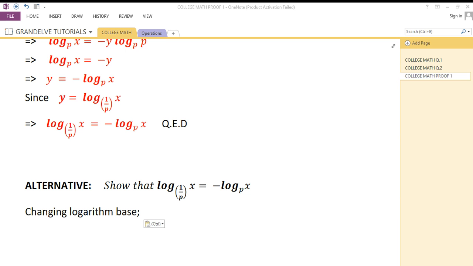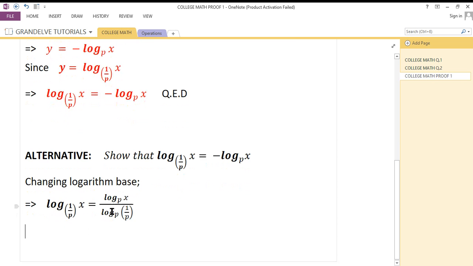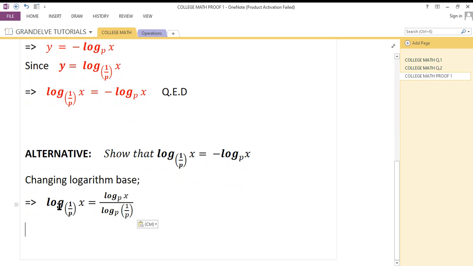So let's change the base. Changing the base of a logarithm log s base 1 over p is a matter of looking at the log number x as numerator and log base 1 over p as denominator.